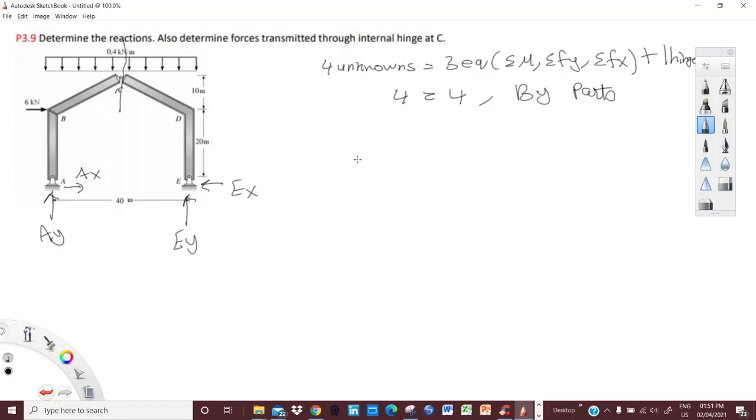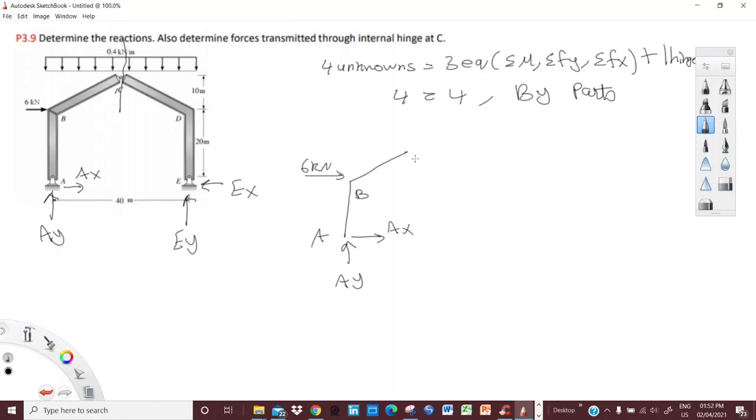The first part is going to be at A. We have two forces, AY and AX, and here we have 6 kilonewton.